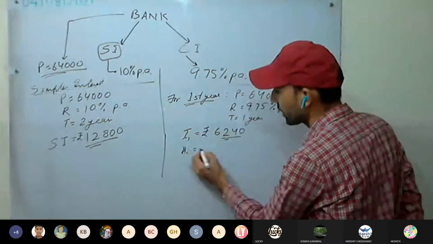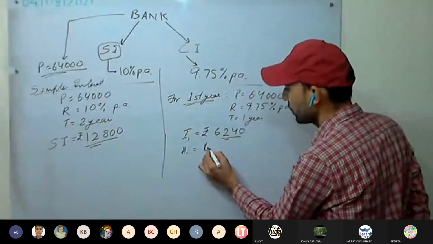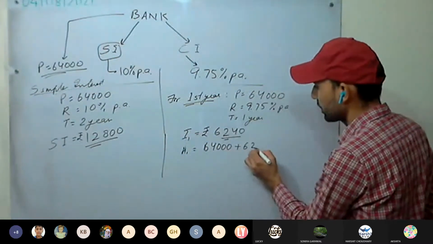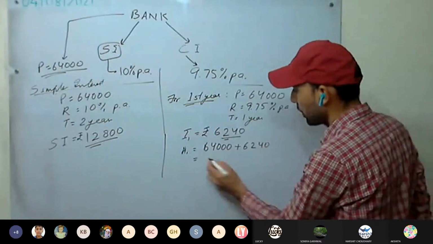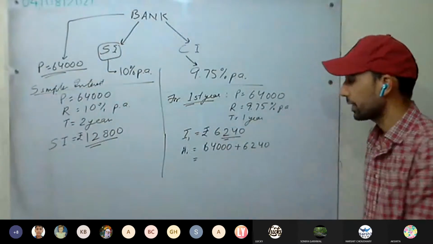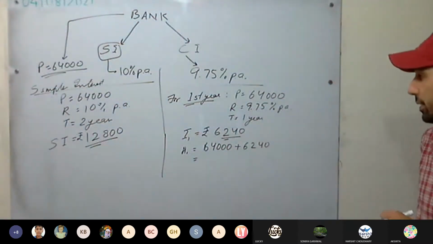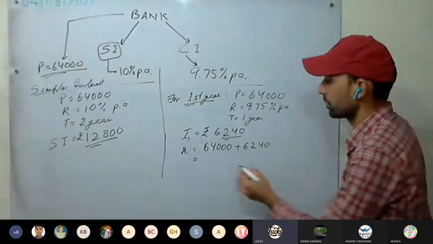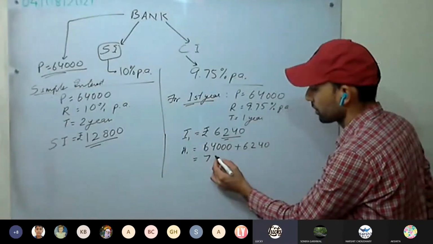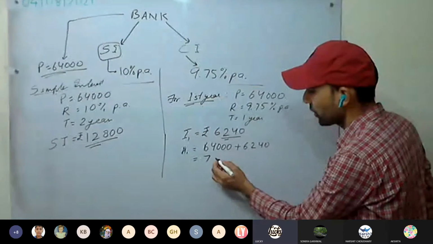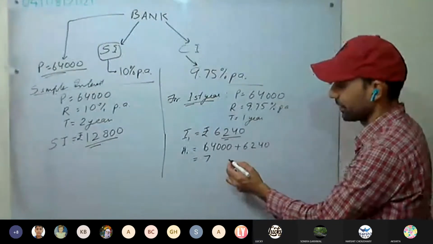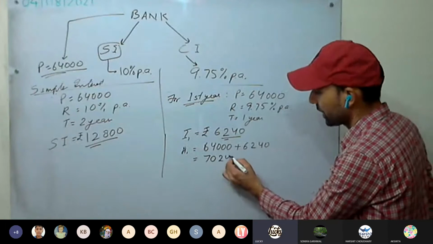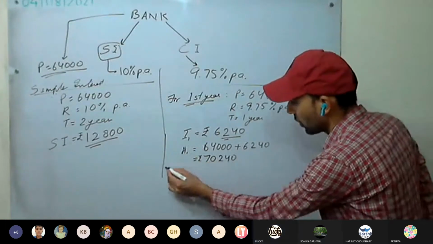What is the amount after the first year? 64,000 plus 6,240. How much will it be? Calculate and tell me. 70,240.